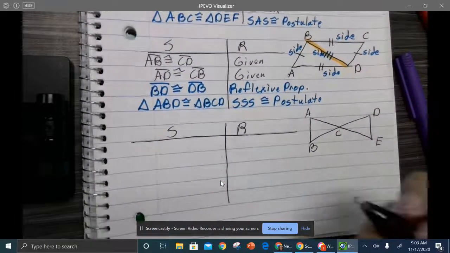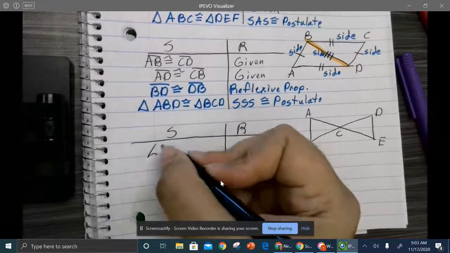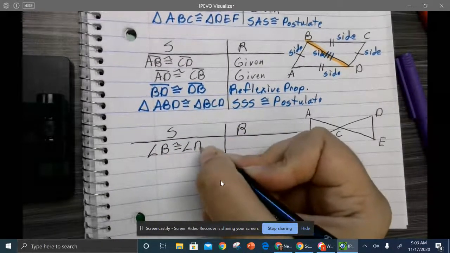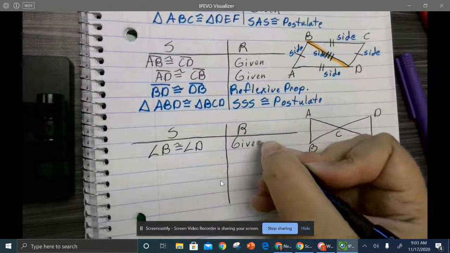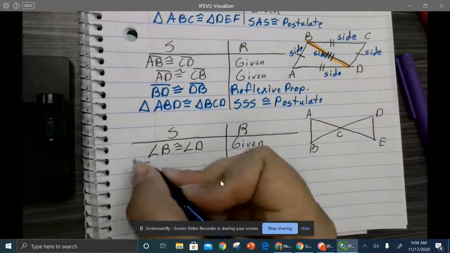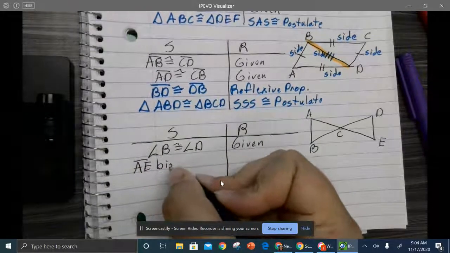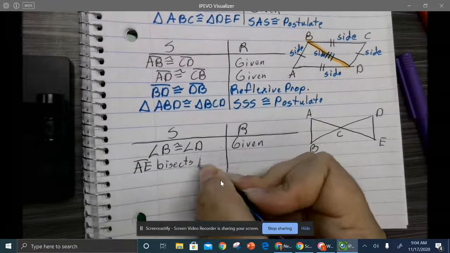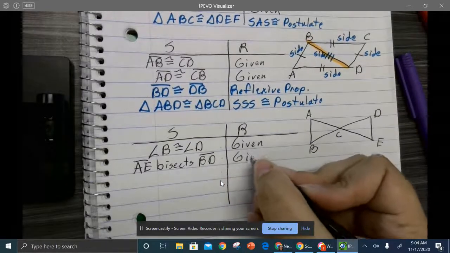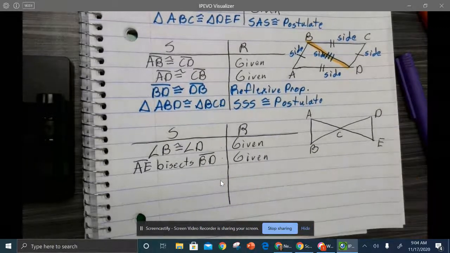Okay, so for this one, everybody, we have that angle B is congruent to angle D. That is given to us. AE bisects BD. Okay, so let's mark on here what we're given.